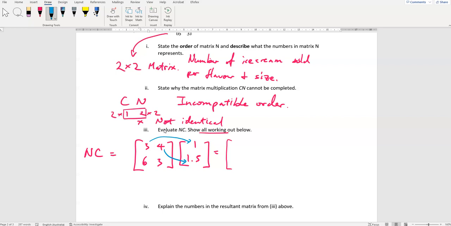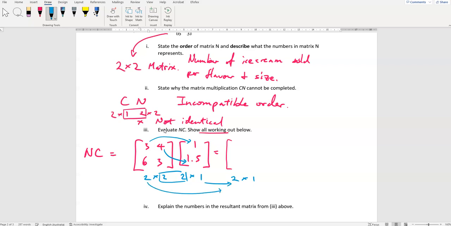Now, I really want to emphasize this. Right? The 3 is that first thing on that row. The 1 is the first thing in that column. First to first. The second, right, second here. Second one in that row, and the second one in that column. Right? Second, and then you repeat again. Now what this will yield, if you write the working out, you got the 2 by 2, and then you got the 2 by 1, that means this will become a 2 by 1 matrix. So this will be another column matrix. Right? That's what you'll get here from this answer.